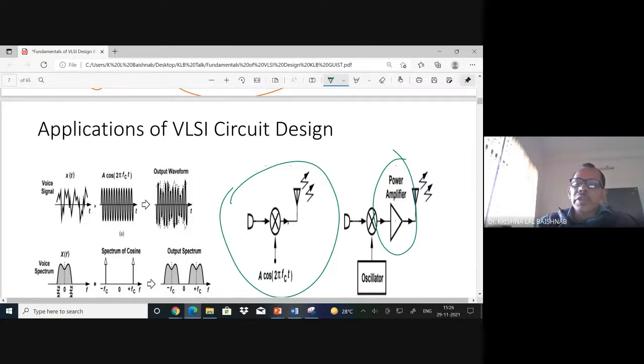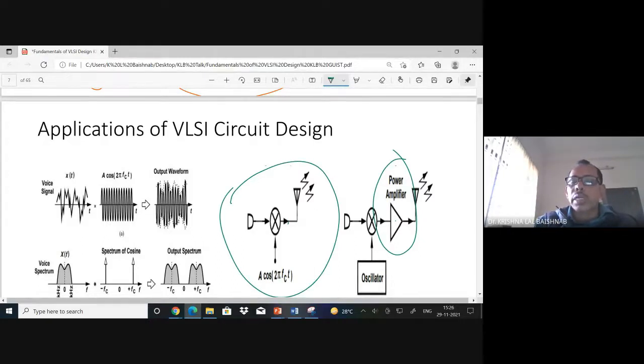Directly we convert the RF signal to the baseband signal. Earlier, as we studied, the RF signal had to be converted into an IF signal, the intermediate frequency, and then to the baseband signal. That is what we call a superheterodyne receiver.